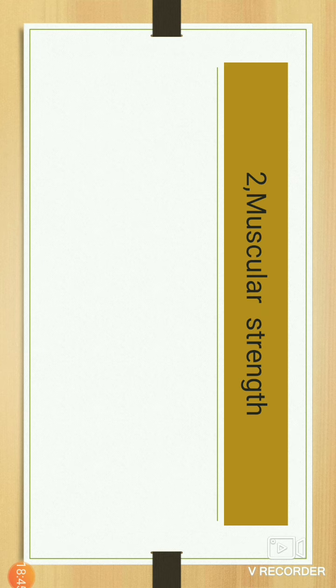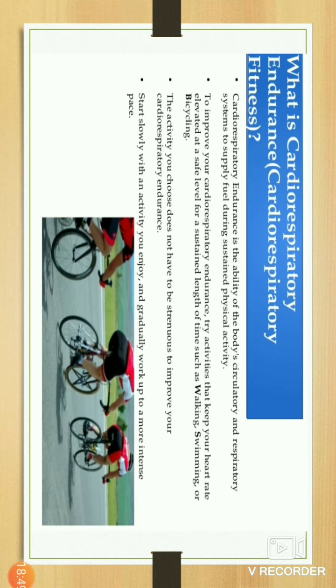Now, how is cardiorespiratory endurance measured? You require equipment like a stopwatch and a bench. The procedure: the individual to be tested steps up and down the bench continuously for 3 minutes, and after completing the test, the subject sits down and remains still.